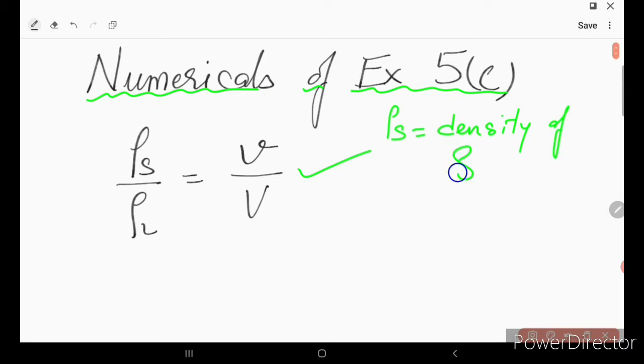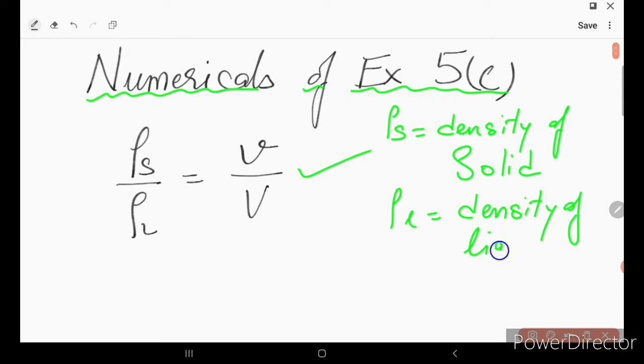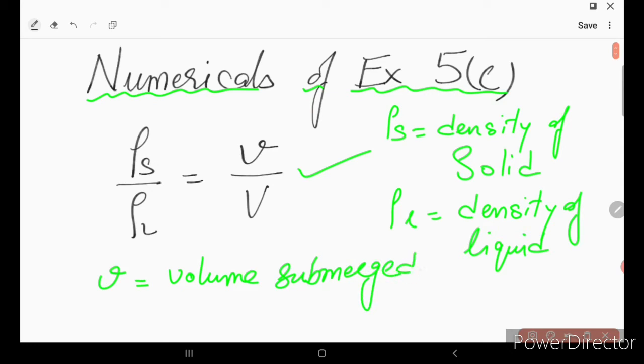Here rho s is the density of solid, right? Rho L is the density of liquid, and we have small v as the volume submerged in the liquid, whereas capital V is the total volume of the solid, right?